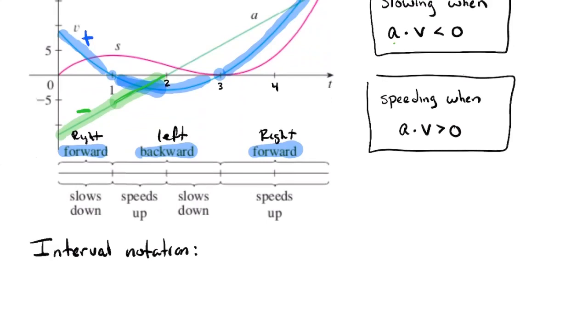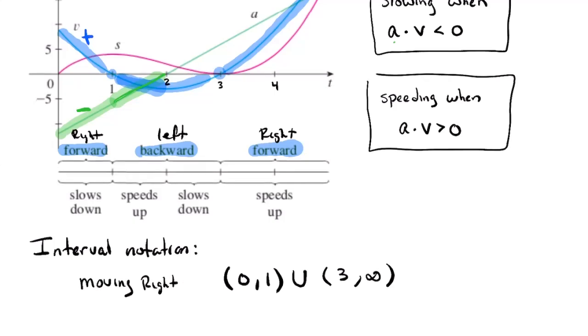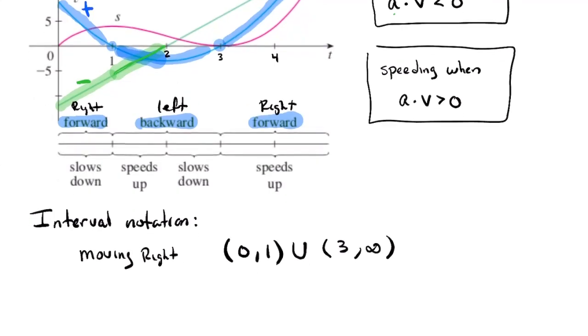So the particle is moving right on the interval from 0 to 1 second. The velocity was positive there. And between sets, we use this mathematical union operator. It means or, and it was also moving right from 3 to infinity. So that's how I would record that answer in interval notation.